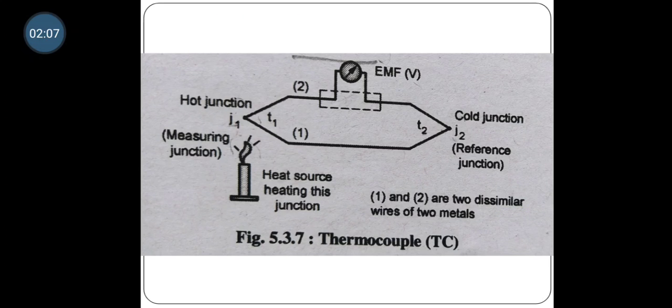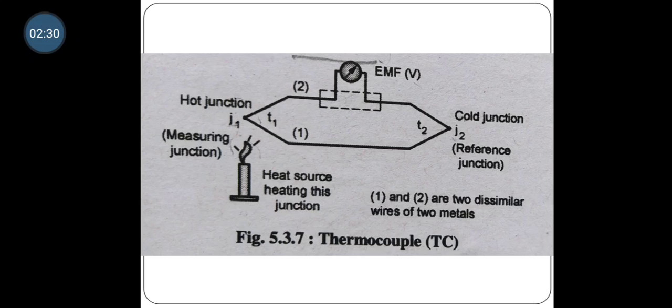When two dissimilar metallic wires are joined, suppose one is aluminum and the other is copper, together to form a closed circuit, as shown in the figure, the two junction points where they meet are J1 and J2.